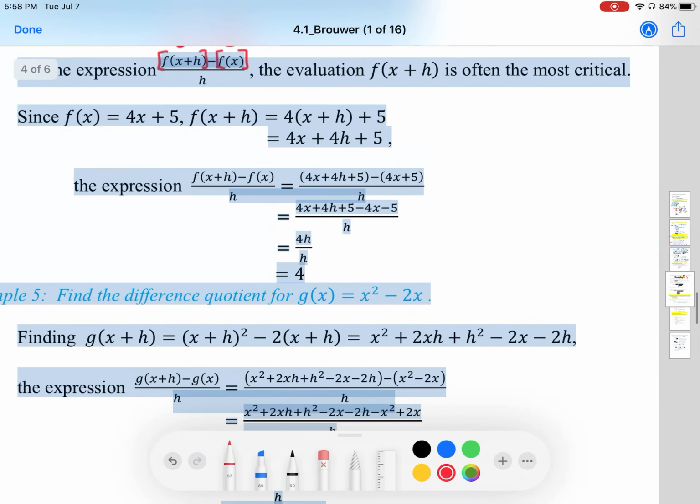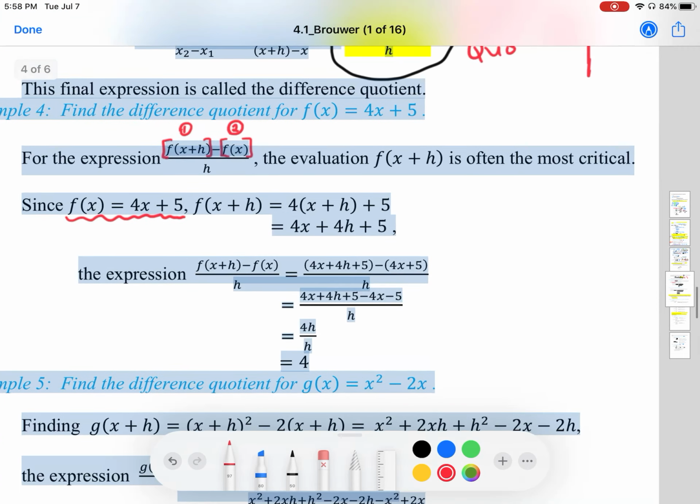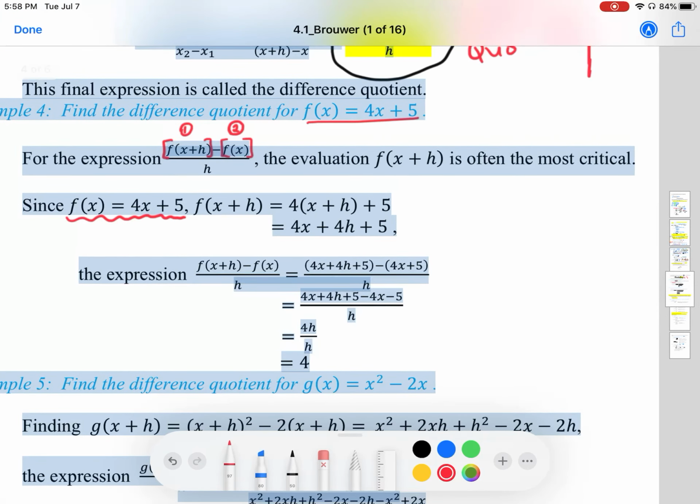All right, so we have f of x, which is just our formula, which we said from our problem is 4x plus 5. Now for every x in our function, we're going to write an x plus h in parentheses. We do so here, and all we have to do is distribute that 4. So we have 4x plus 4h plus 5.